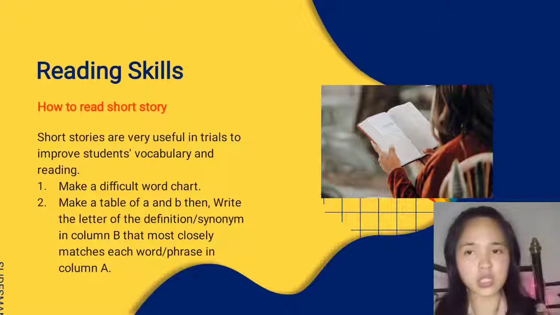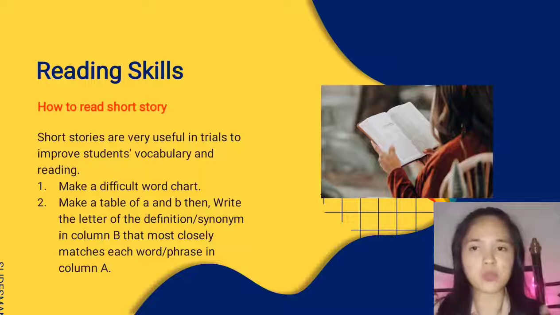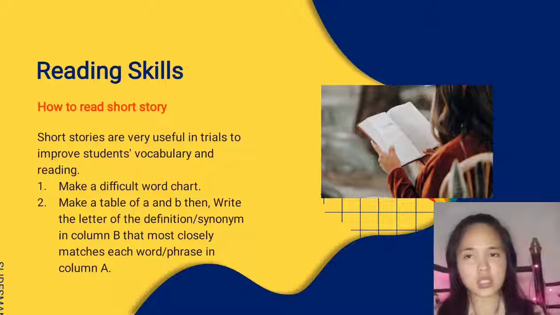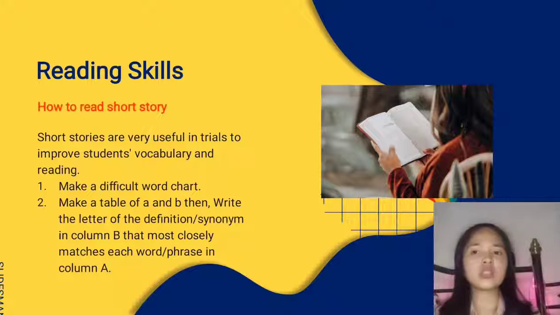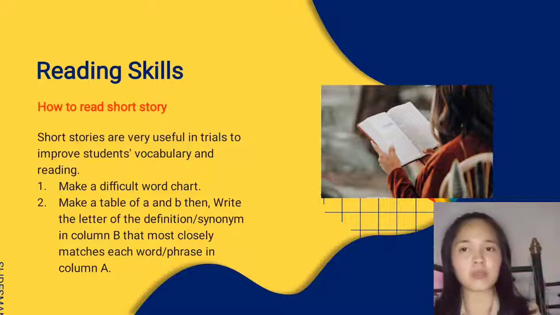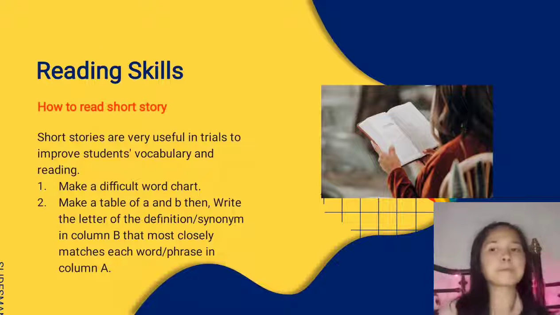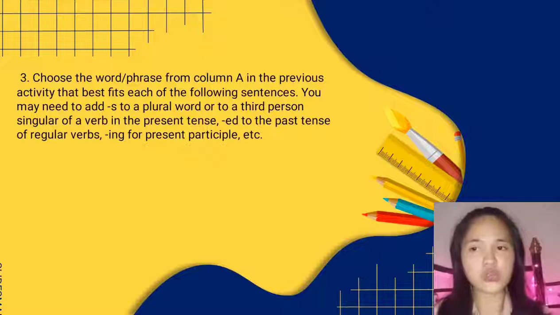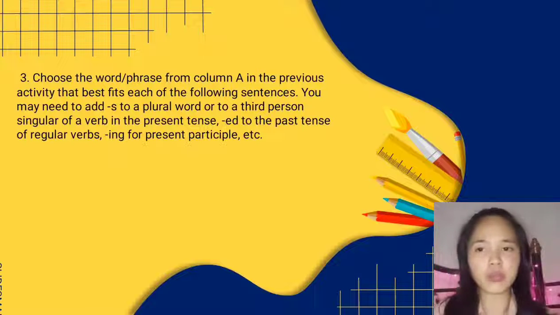So the definitions and or synonyms provided in column B must match the meaning of the words or phrases in the context of the story, to help students understand how a different word or phrase can be used in the same context.